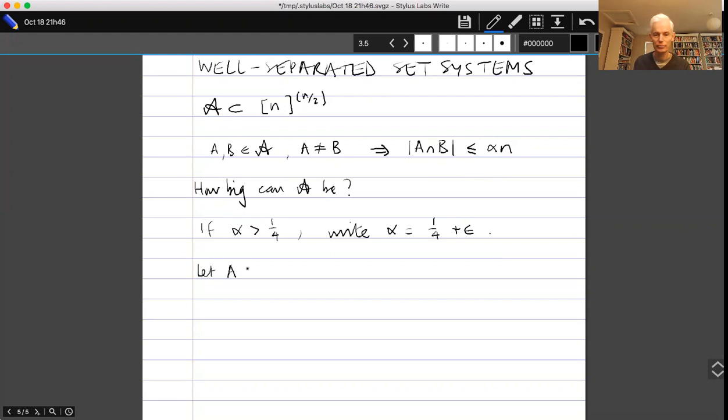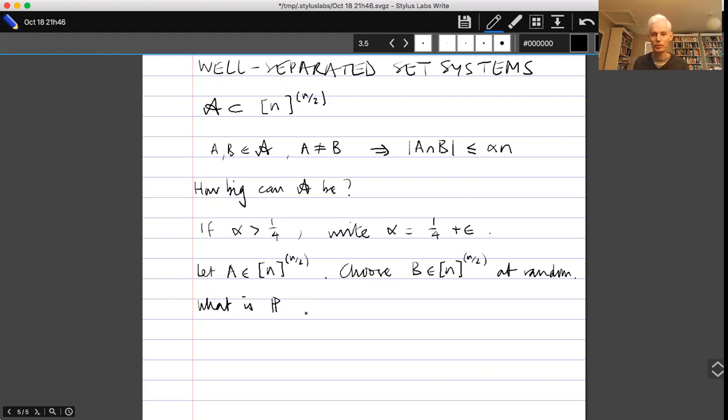any old set A of size n over 2. Now I shall choose another set B, also of size n over 2, uniformly at random. We're going to ask, what is the probability that this constraint is not satisfied?